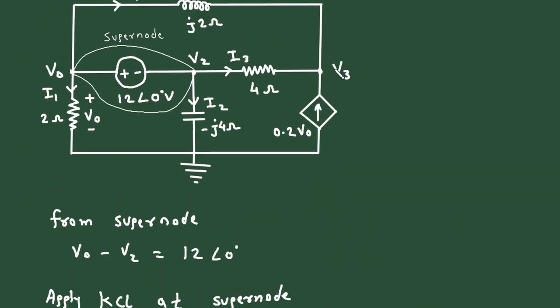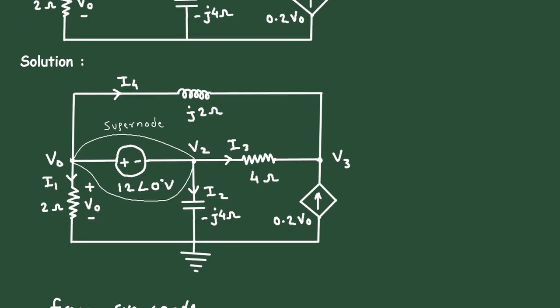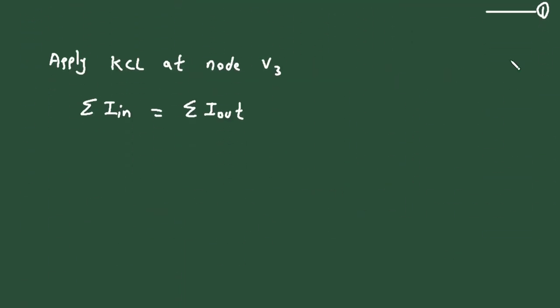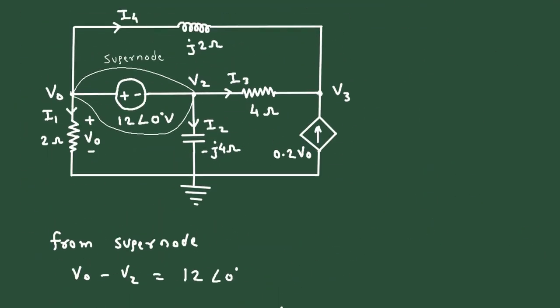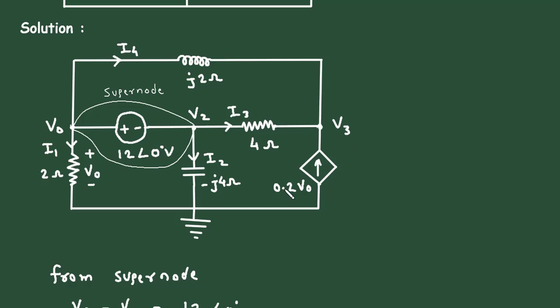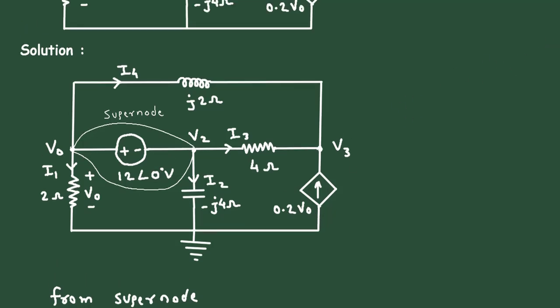So here we can see at this node entering currents are, this I4 is the entering current, I3 is also entering current, and this 0.2 VO, this is also entering current. So I4 plus I3 plus 0.2 VO.